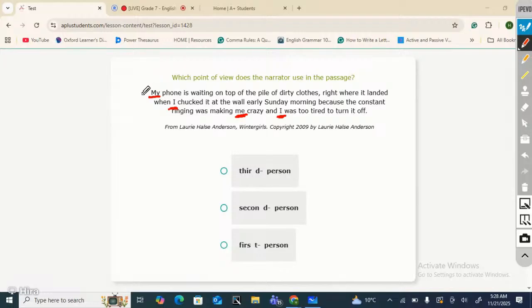Well, if you look at these words, these are first person pronouns. It means it is first person point of view.